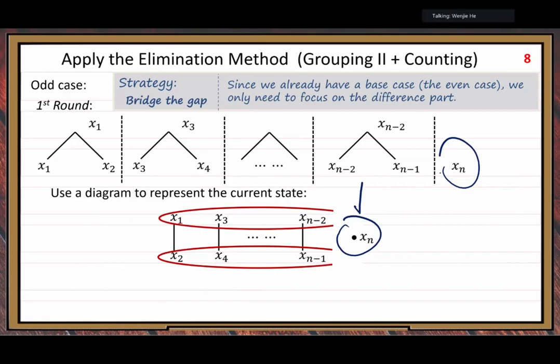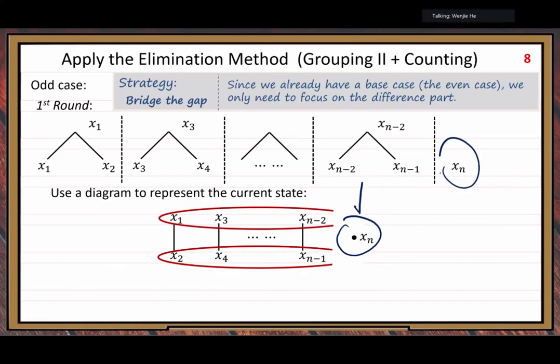When we do the grouping, we borrow our experience from the even case: the winners group and the losers group. Let's look at the winners group first. This part is very easy, automatically assigned to the winners group.